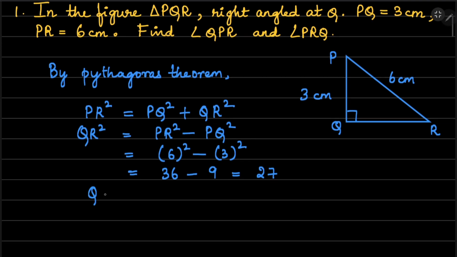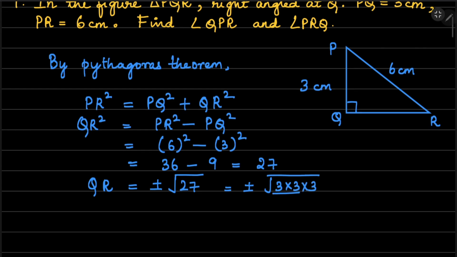So QR is equal to plus or minus root of 27, which is nothing but root of 3 cube. So you can take one 3 outside, and this will be 3 root 3, the length of QR. So 3 root 3 centimeters, the same unit.